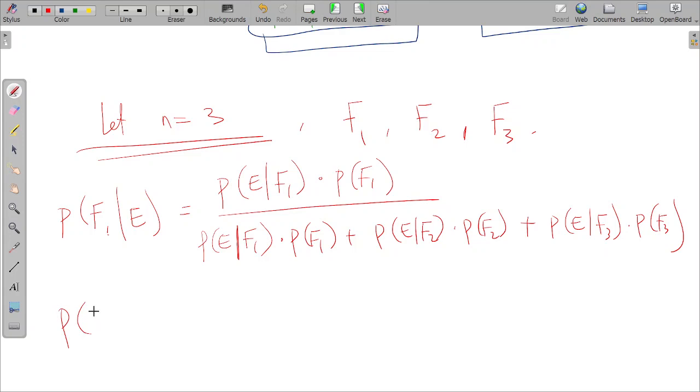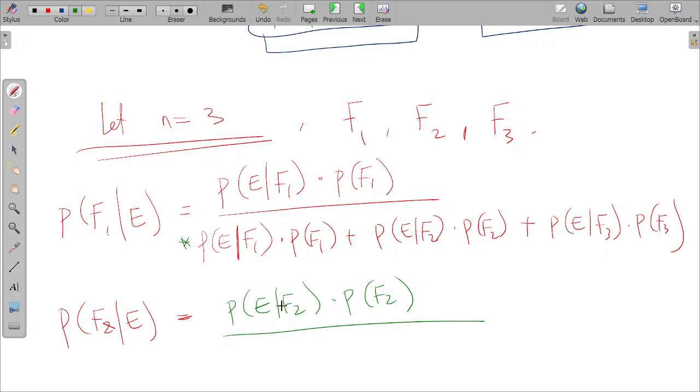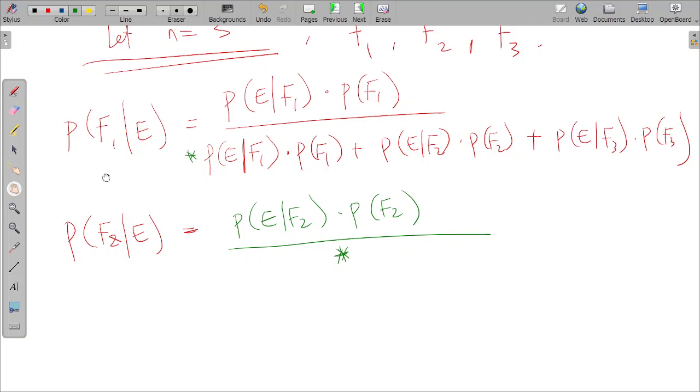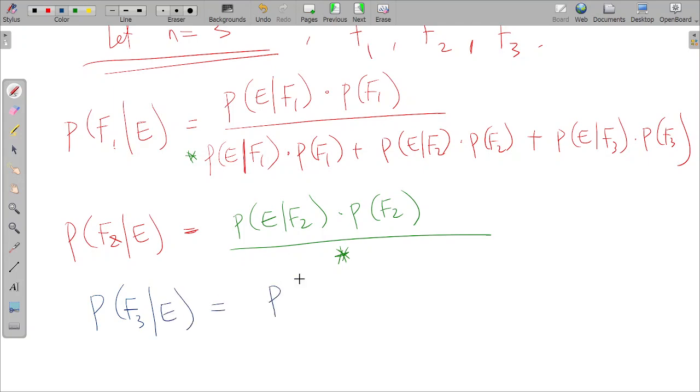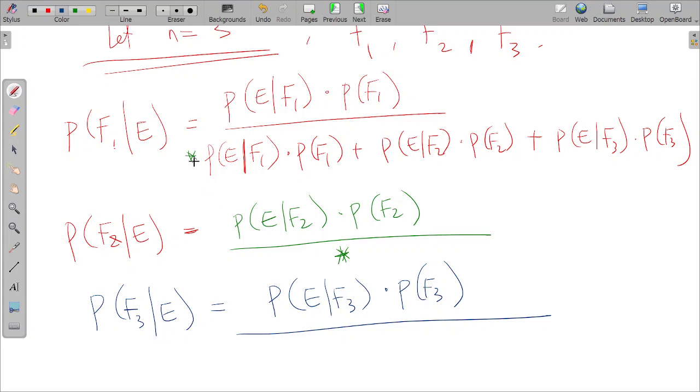The same thing goes for F2 given E. Only the numerator will change, while the whole denominator stays the same. Then if I want to find F3 given E, I have the probability of E given F3 multiplied by the probability of F3, all over the whole thing.